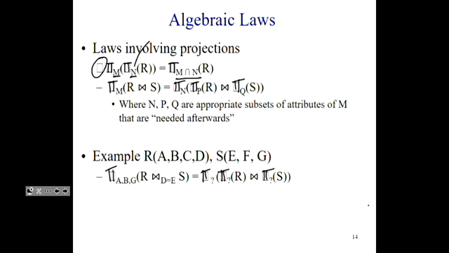Well, N subselects some set of attributes from R, and M further subselects a different set of attributes from R. So the resulting set of attributes are simply those that are common between M and N. You can't select some attributes from R that don't exist. Each of M and N throws away some of the attributes of R, so the eventual one that you end up with is M intersection N.